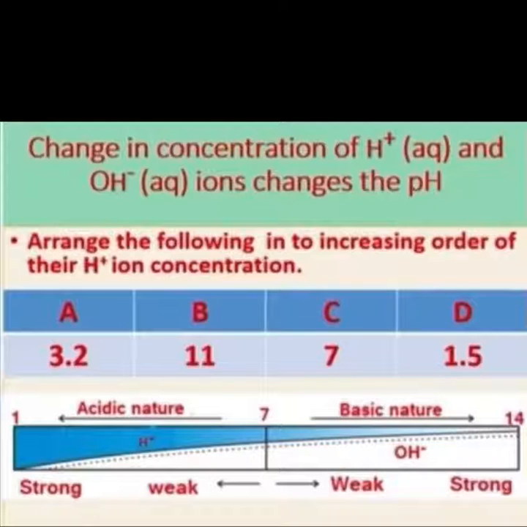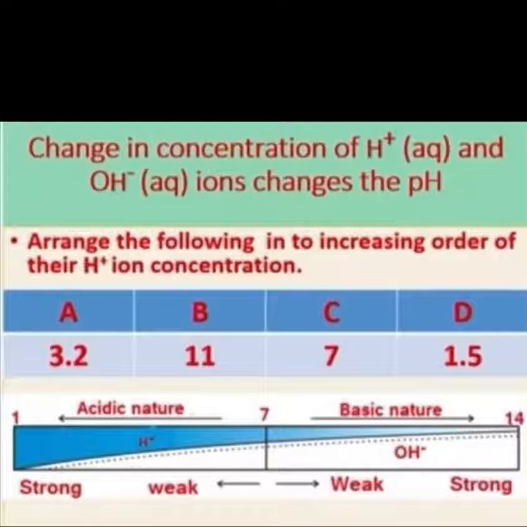Okay? That is, from the pH scale we can easily understand. Towards the right side of the pH scale, OH- ion concentration is increasing. That means basic character is increased. Next, towards the left side of the pH scale, H+ ion concentration is increasing, right?